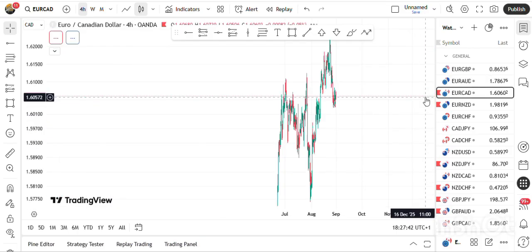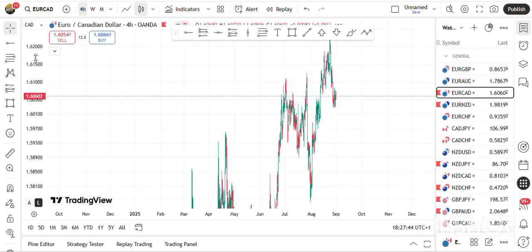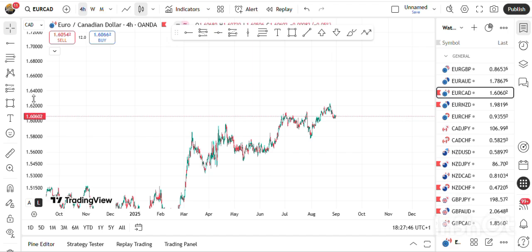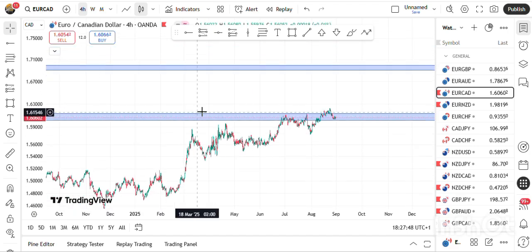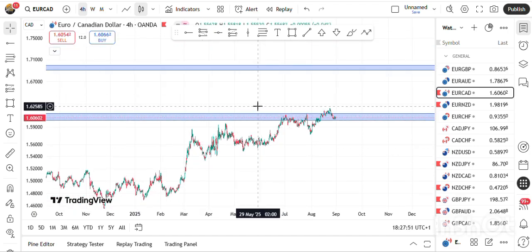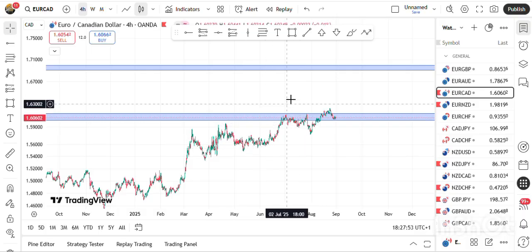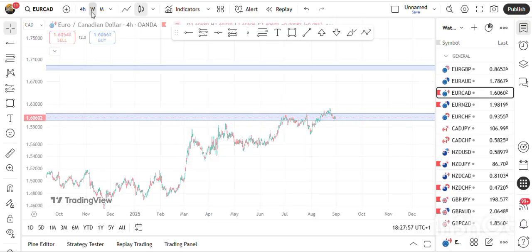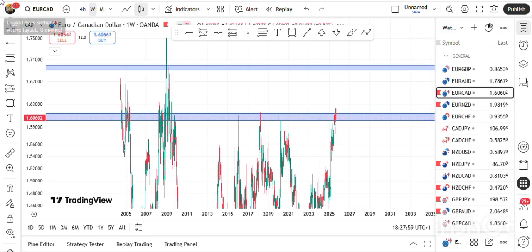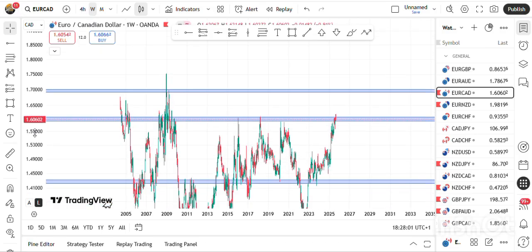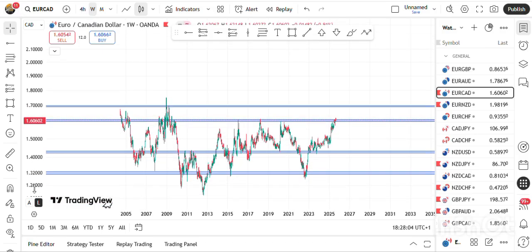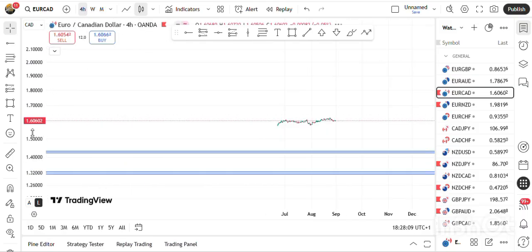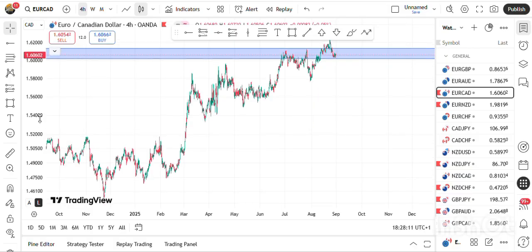Euro CAD. Great. So Euro CAD is going to be on our radar. It's absolutely on my support level. Let's look at what's going on in the weekly time frame first. Okay, this is great. Easy to trade, no drama.